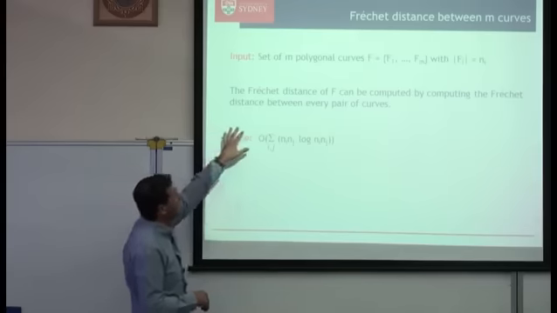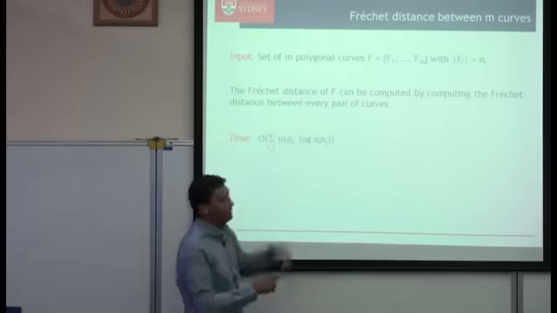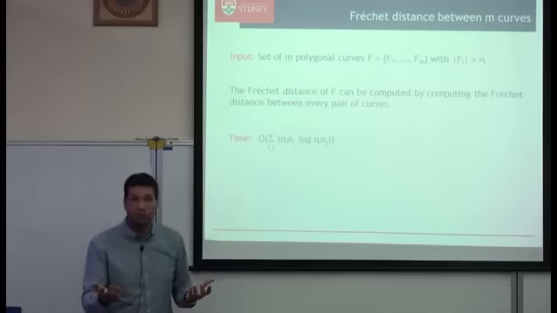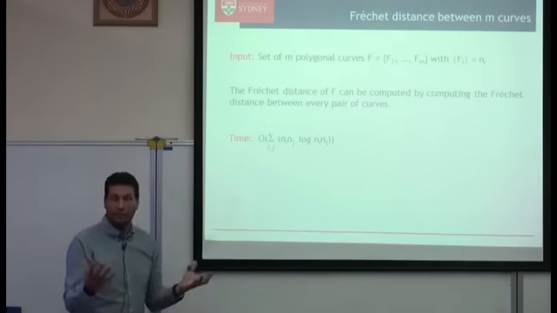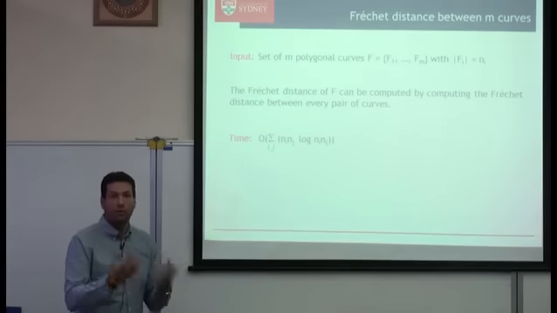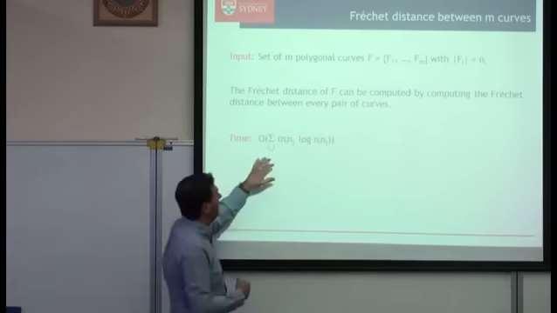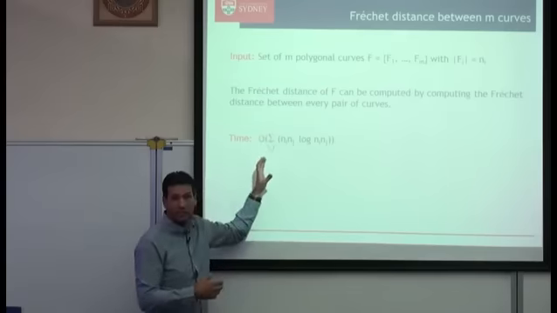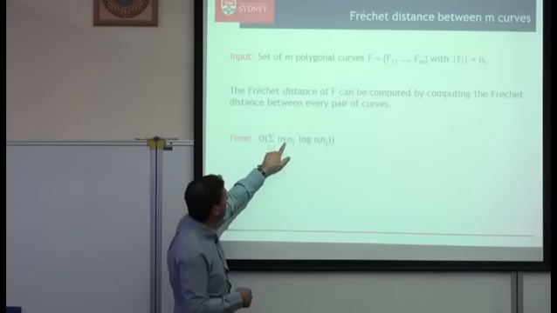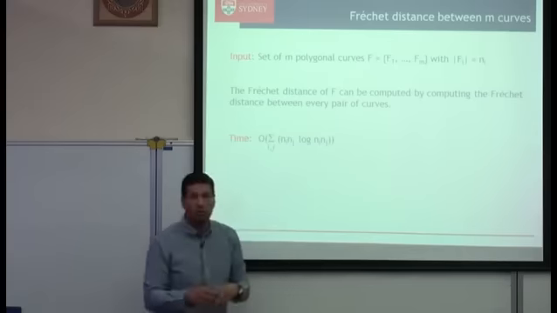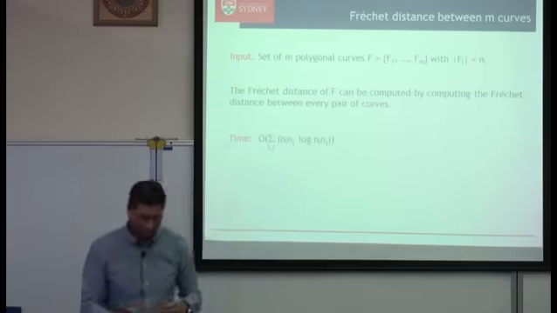The Fréchet distance of a cluster can be computed by computing the Fréchet distance between every pair of curves, of course. So I get a set of them, I compute every pairwise distance, and the maximum of that will be the Fréchet distance in that cluster. So I just take all the pairs of subcurves and compute the Fréchet distance.